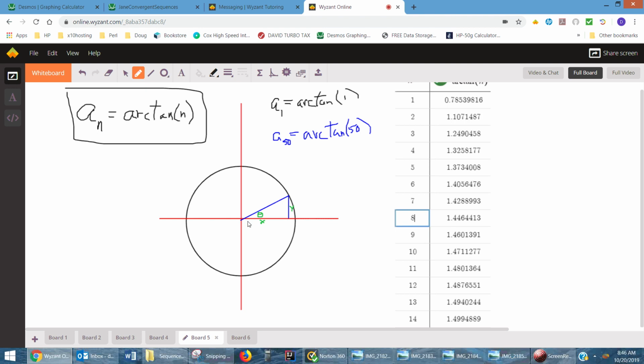And the unit circle is a good place to start to see why we think the limit actually is pi over 2. If I wanted to construct an angle in the first quadrant that had a tangent of 50, that means that y over x would have to equal 50. And if y over x equals 50, then y equals 50x.